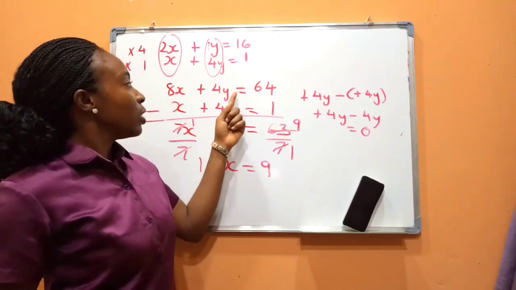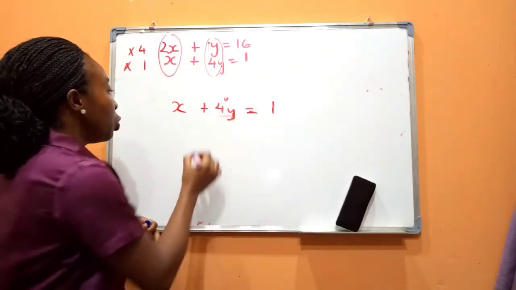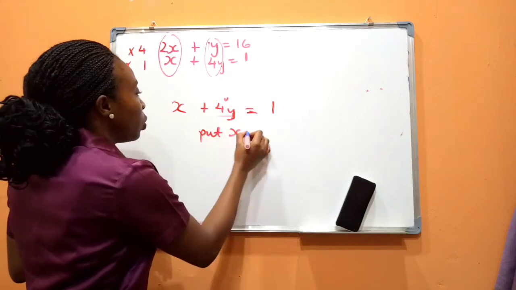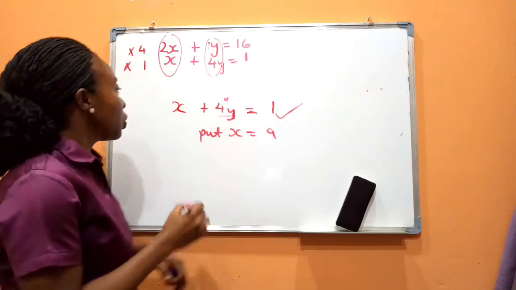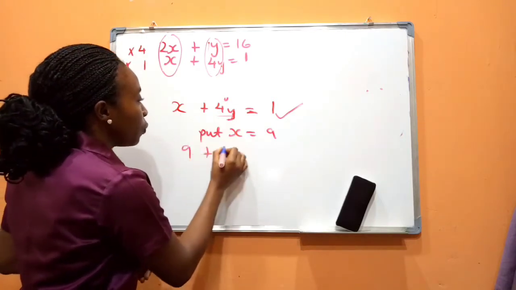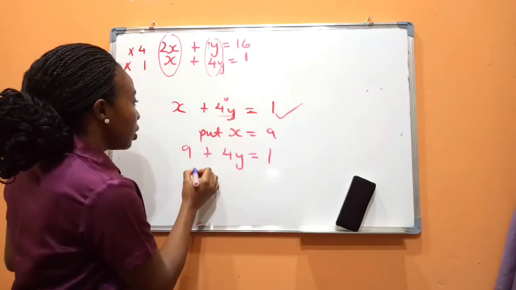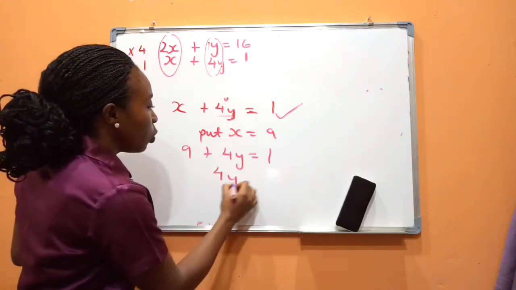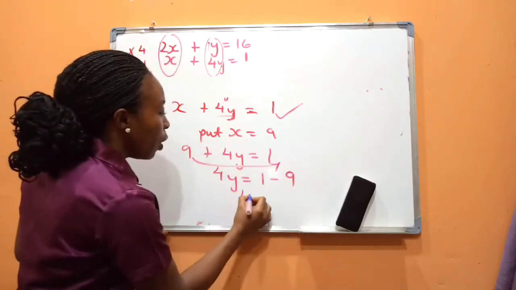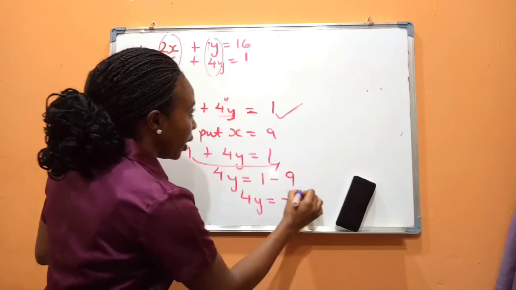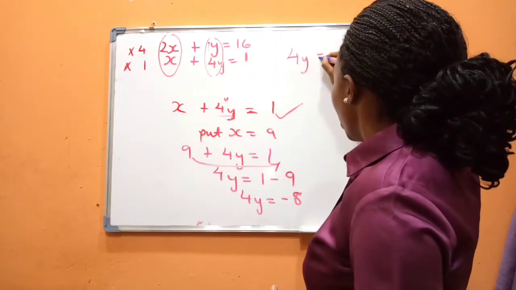Now let's find the value of y. To find the value of y, what we simply do is put x equals 9 in this equation. You can use any of the equations. So you have 9 plus 4y equals 1, and then 4y equals 1, this 9 goes to the right-hand side and becomes minus 9. 4y is equal to minus 8.